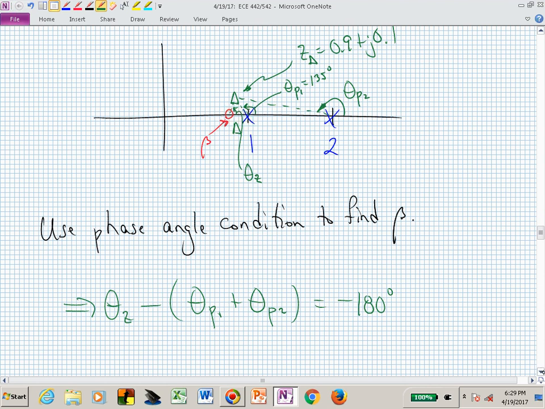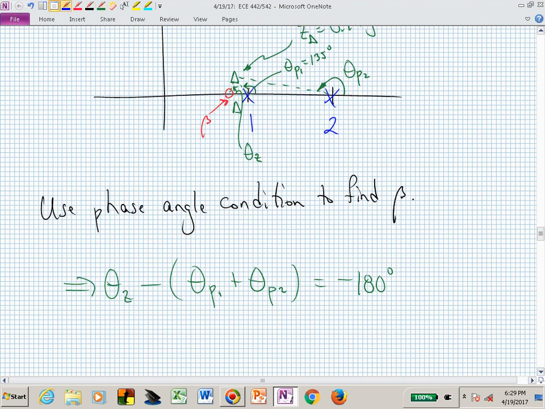And what's theta p sub 2? That's not as easy, but I can find the acute angle pretty easily, and I can take that and subtract it from minus 180 to actually get my theta sub p sub 2. Meaning, what's the acute angle between 2 and that triangle?